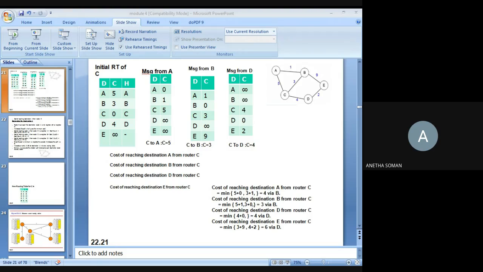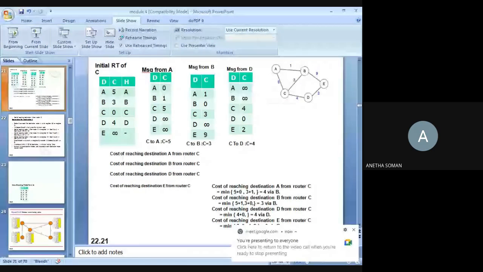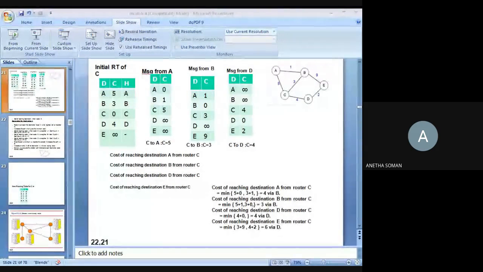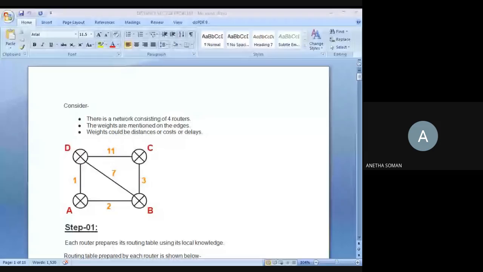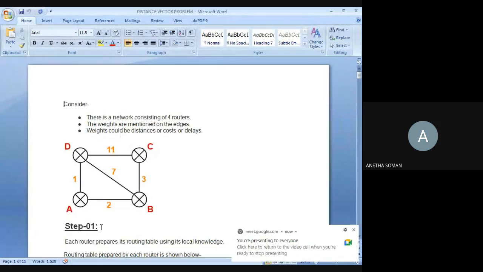Take down a problem. Consider the network shown. You have 4 nodes A, B, C, D. Can you see that?